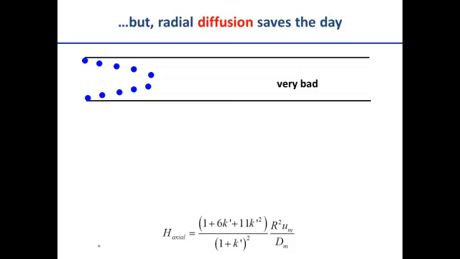Now, it's not quite that bad because it turns out that diffusion helps us in this case. So we start with this very bad situation that we talked about on the last slide where they have this parabolic shape to the flow and we have a very wide peak. But those molecules are free to move radially in the column, and so this particular molecule here can move toward the wall or it can move toward the center.